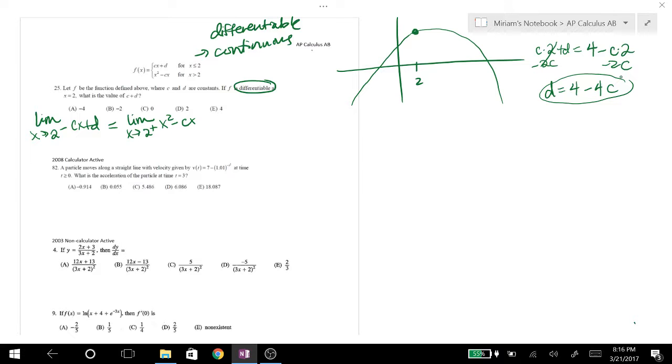So there's another thing that we know about this function. We know that the slope of this side is the same as the slope of this side at x equals 2. All that means is the derivative on the left of 2 and the derivative on the right of 2 are equal. So in other words, the derivative on the left is equal to the derivative on the right.